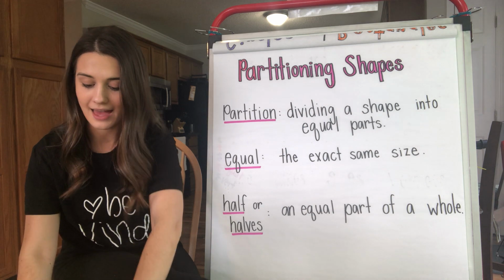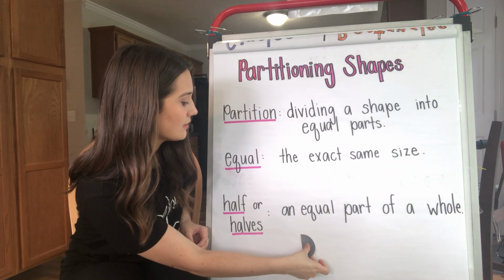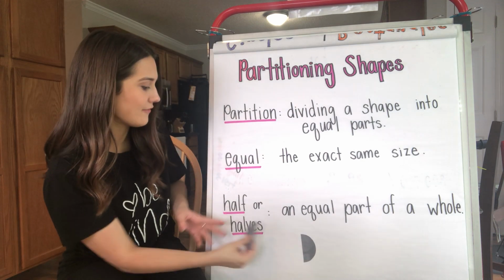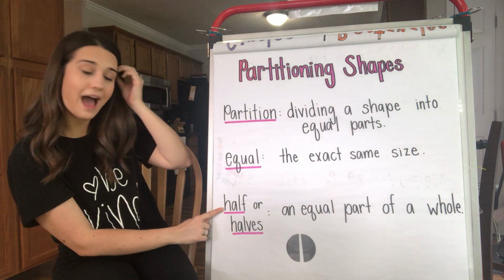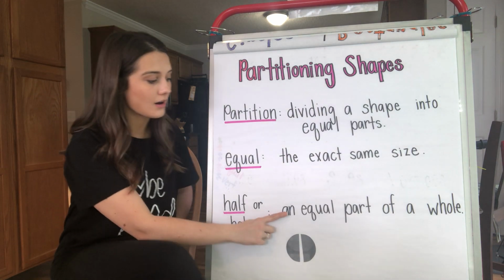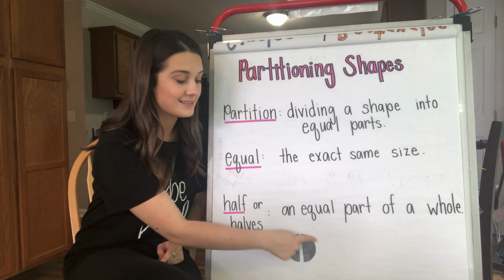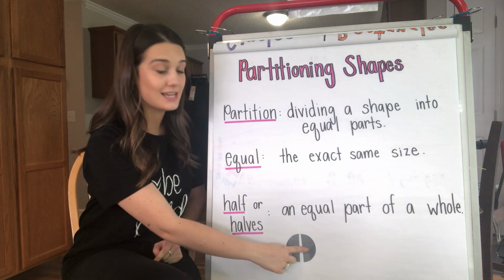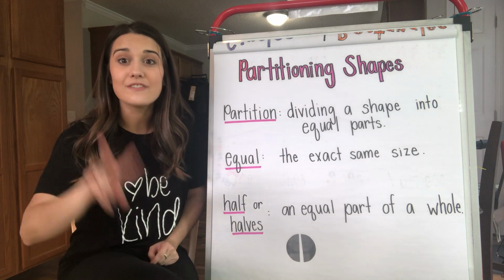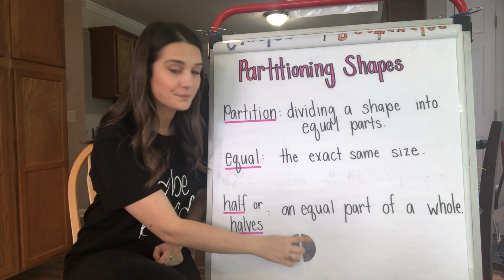I'm going to add our two halves of a circle under that word so we know what the word half or halves means. So a half or halves are an equal part of a whole. So we know our whole is the whole circle, and when we partitioned it into two pieces, we have two equal pieces that are two halves to make a whole.